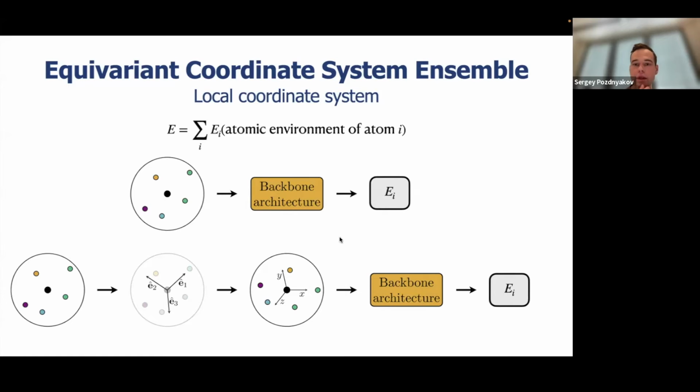And next, we can feed the result to our backbone architecture, which in turn produces the energy associated with this central atom. So now, if our atomic environment rotates, our local coordinate system, which is rigidly attached to it, rotates synchronously with our atomic environment, which means that the projection of our atomic environment onto this local coordinate system stays the same, and so is the final prediction, which is illustrated in this animation.